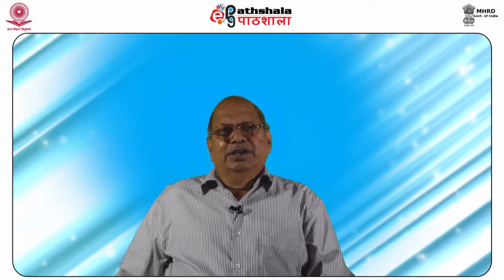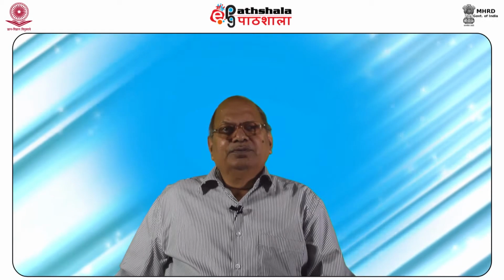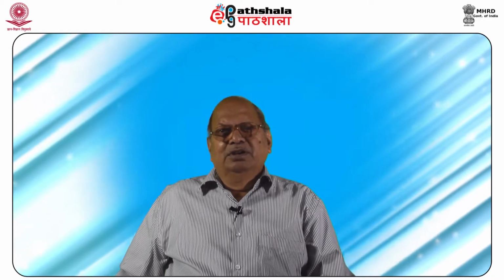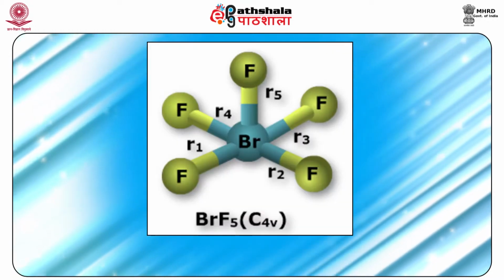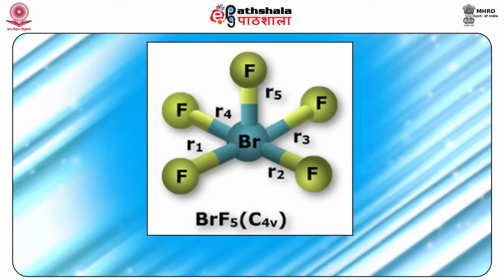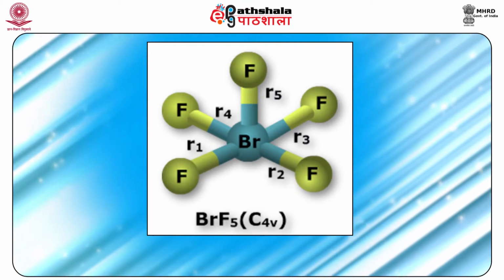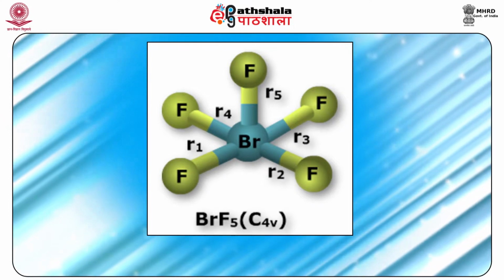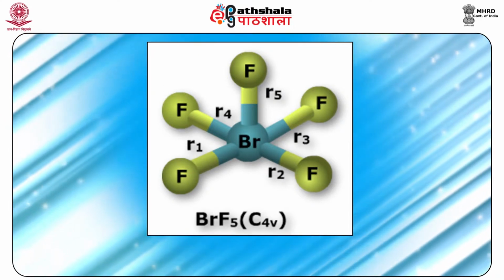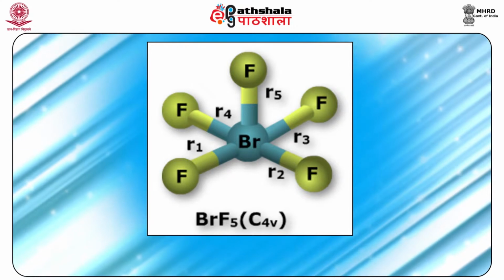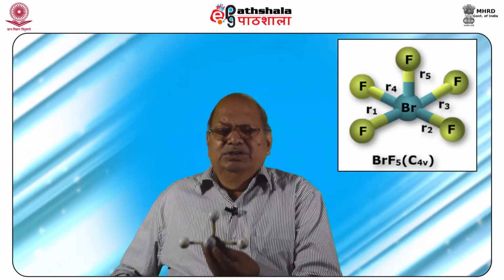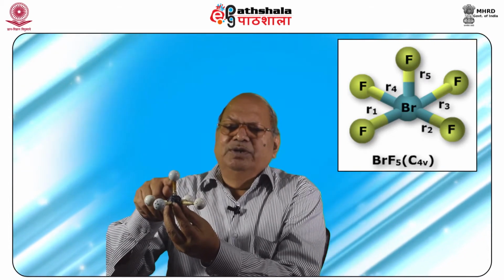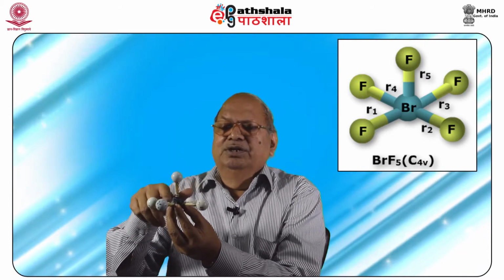Now let us take a second example of sigma bonding in an AB5 square pyramidal molecule. Let us take the example of BrF5. The structure of BrF5 is shown in the figure; we have 5 bond vectors, 5 BrF bonds, and these are shown in this model also: this is one BrF bond and these are another 4.